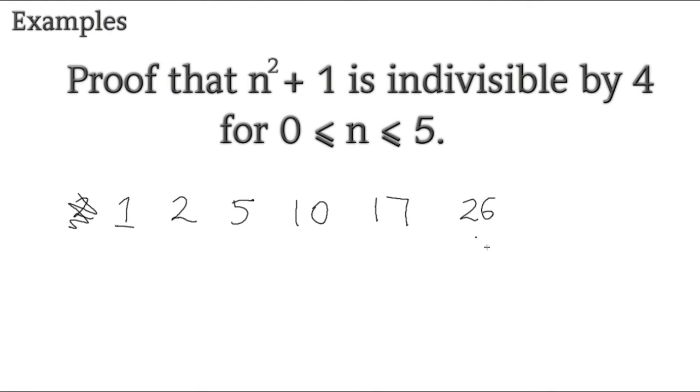If you do division by 4 for all of them, you get remainders 1, 2, 1, 2, 1, and 2. So this means that for all of these n values, n squared plus 1 is indeed indivisible by 4.